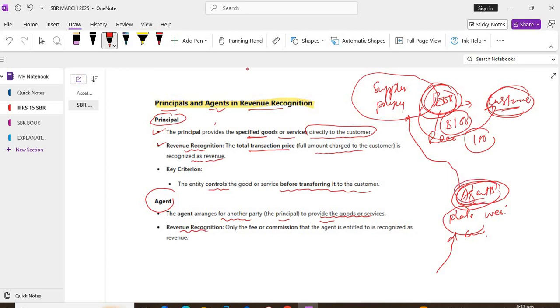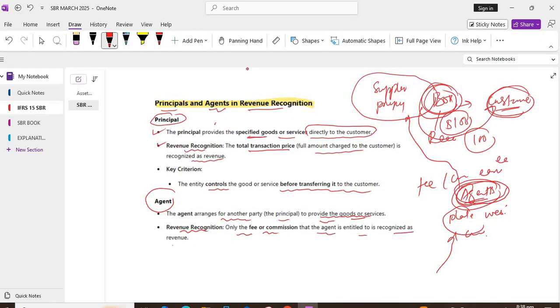Okay, now how will the revenue be recognized by the agent? The agent is not controlling the asset before transferring it to the customer. So here the agent will only recognize the fee or the commission they earn on each transaction. The agent arranges for another party, the principal, the supplier, to provide the good or service to the customer, and the revenue recognized is only the fee or commission that the agent is entitled to.